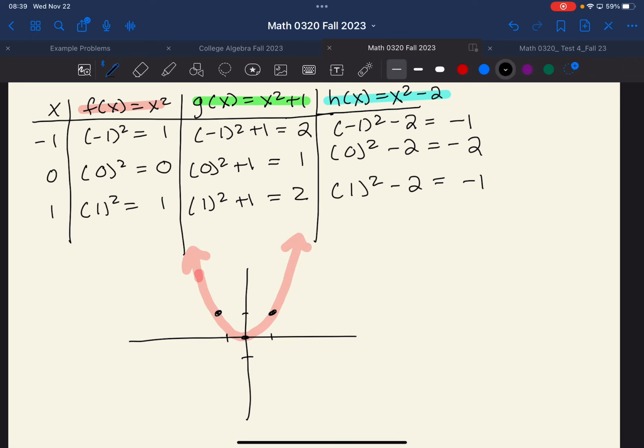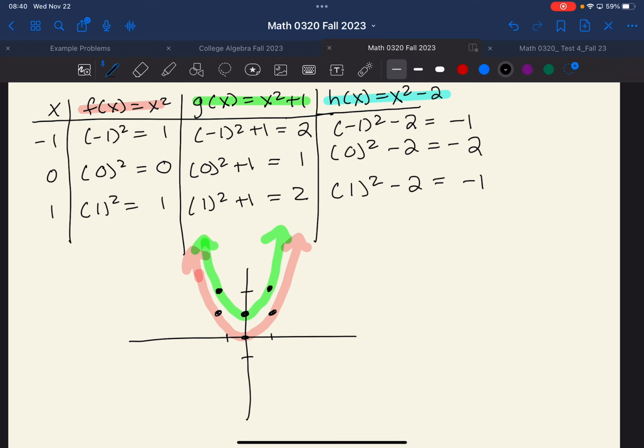Okay, then I'm going to use the points to plot my g of x function. So -1, 2. And then 0, 1. And then 1, 2. So again, notice how this just shifted my graph up 1. Okay.